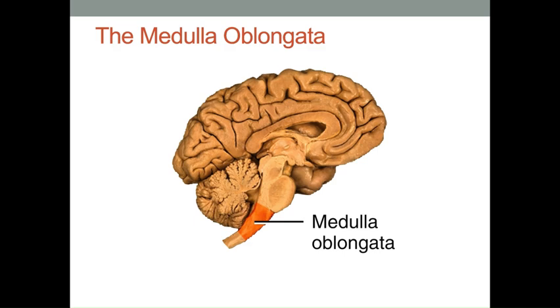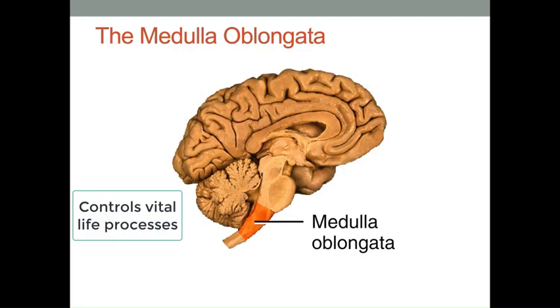Now, the medulla oblongata is going to be responsible for basically controlling a lot of vital life processes associated with our everyday lives. So there are these structures found not only in the medulla oblongata, but also within other parts of the brain that are called nuclei. So when you see this term nuclei, probably your first reference point is the organelle that is found within cells in our body, which contains DNA.